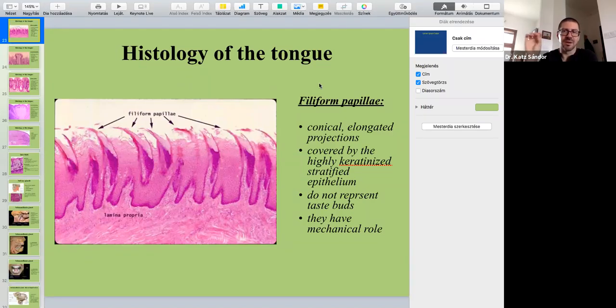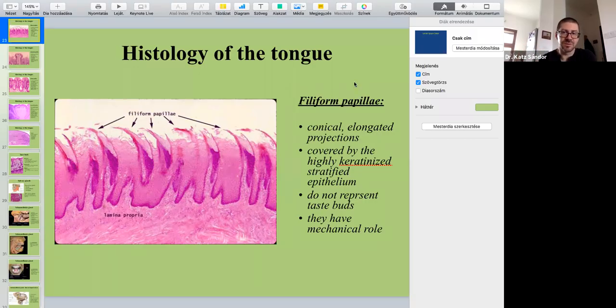Therefore, this epithelium determines their function. They have only a mechanical role, increasing the friction between the tongue and the food bolus. This is the main function of the filiform papillae.